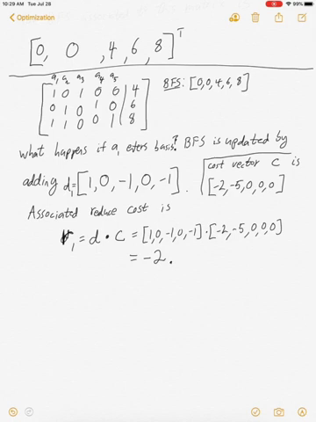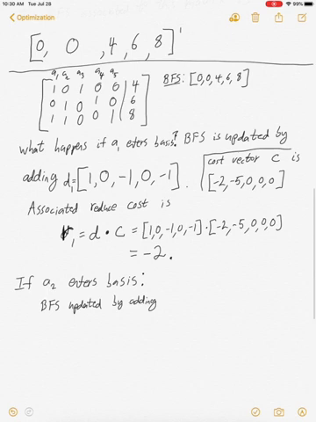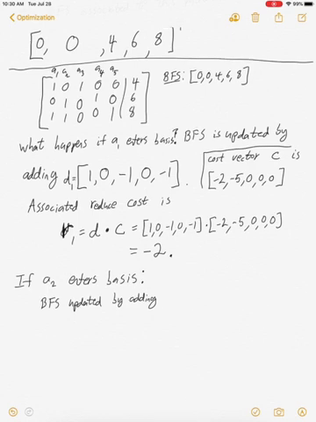Okay, so what happens if A2 enters the basis? Well, so my basic feasible solution is going to be updated by adding, let me call it D2 this time, for the direction if we want to bring A2 into the basis.